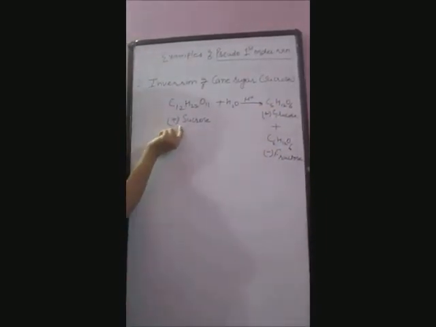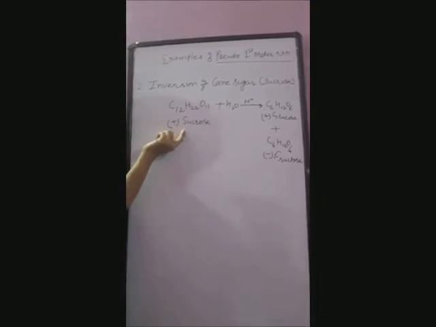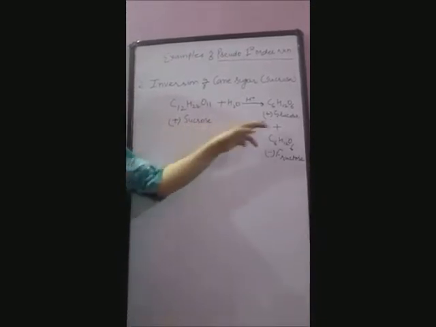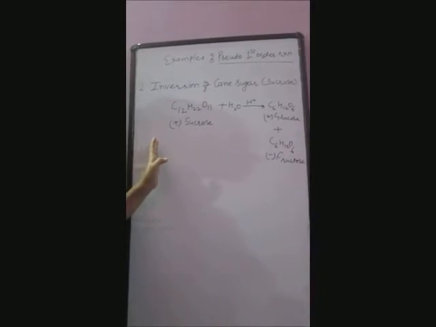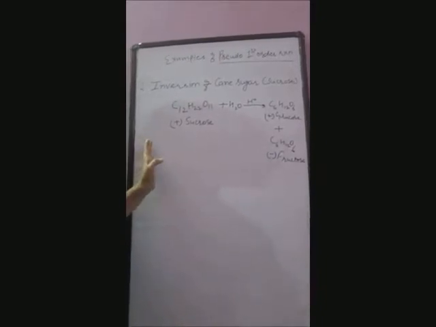Here the positive sign represents dextrorotatory, same for glucose, and the negative sign represents levorotatory. This is the rotation of plane polarized light towards right and left.